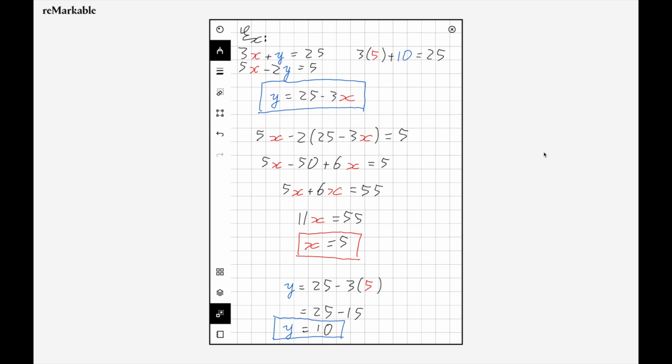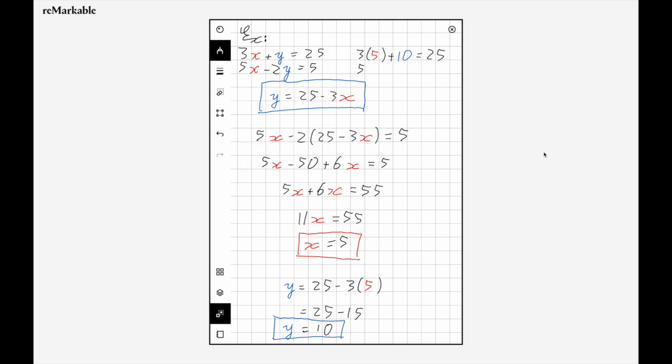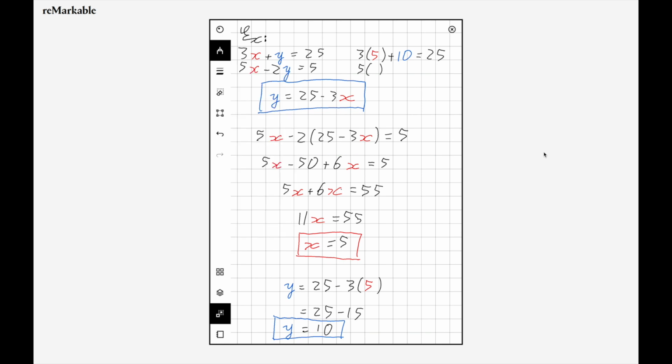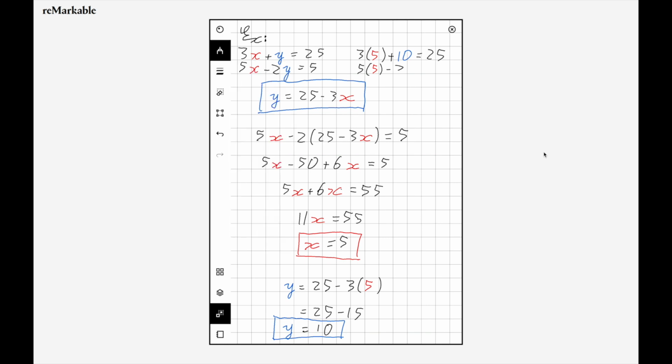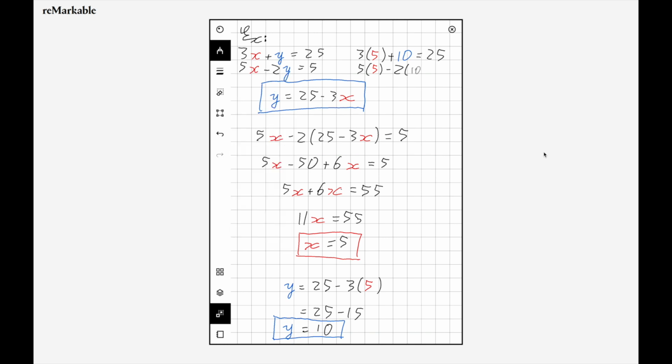And this is true. And if we were to do 5 times, again, the 5, minus 2 times 10, that is equal to 5.